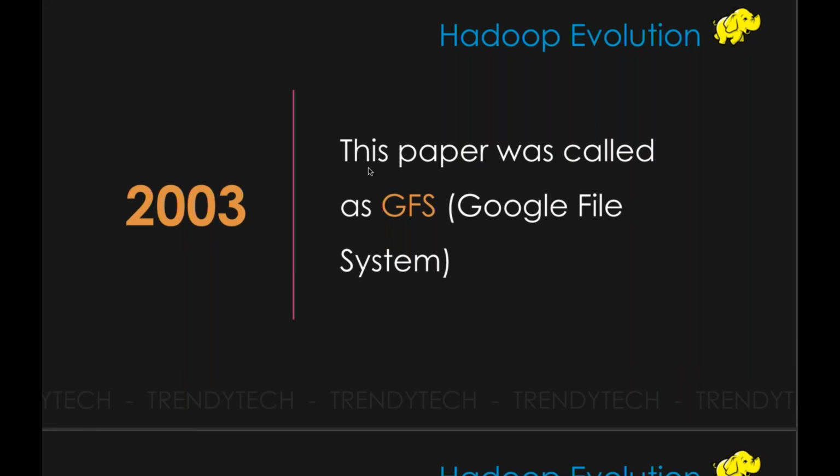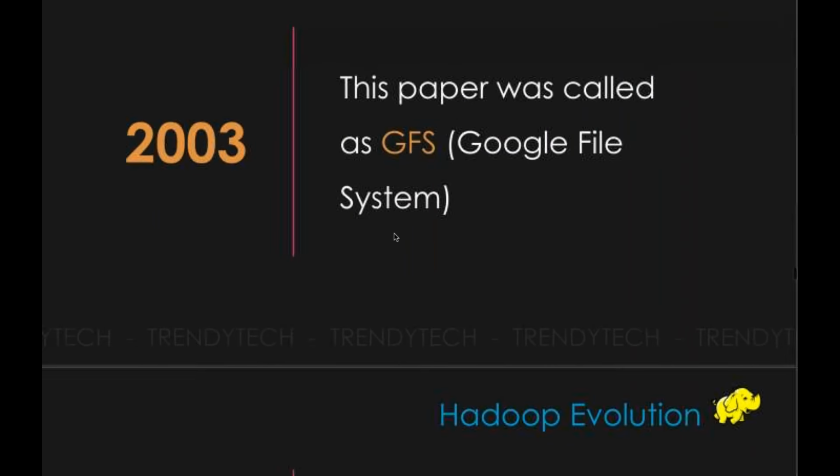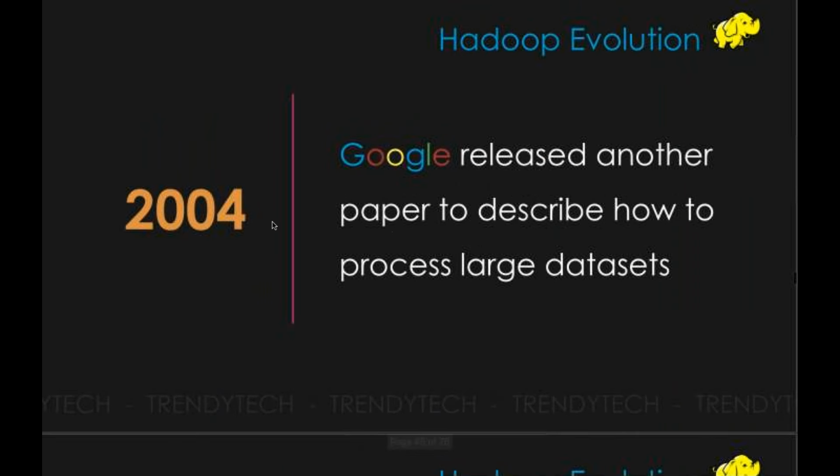Storage they have given already. What remains is processing, and that's what they gave in the year 2004. They said, okay, we have already stored the data on a cluster of machines in a scalable manner. Now let us worry about processing it.